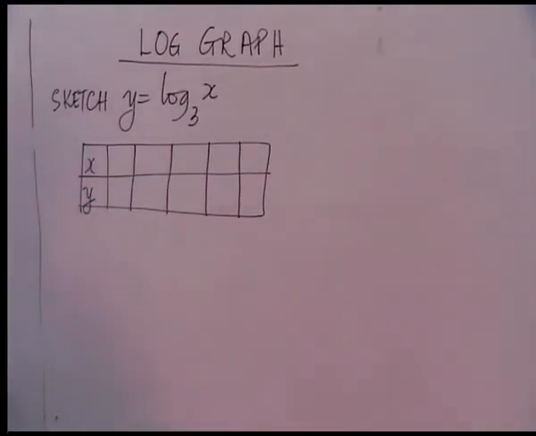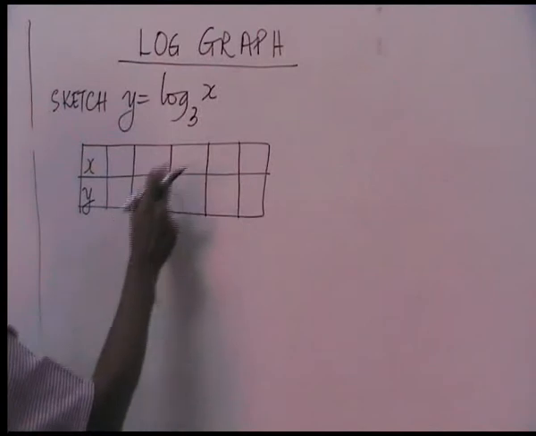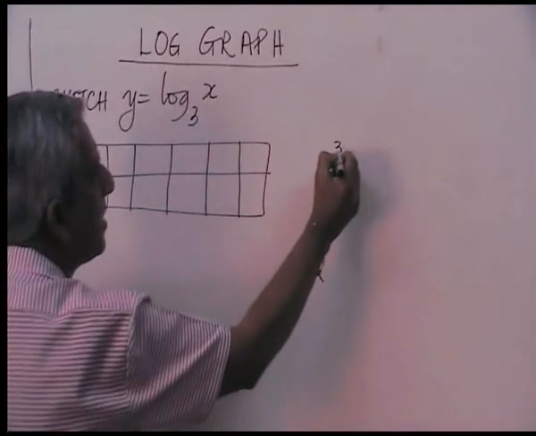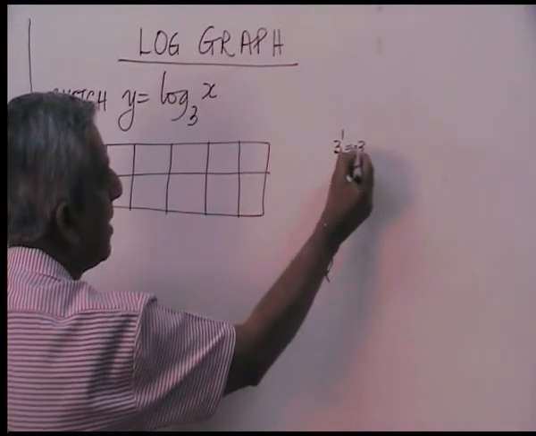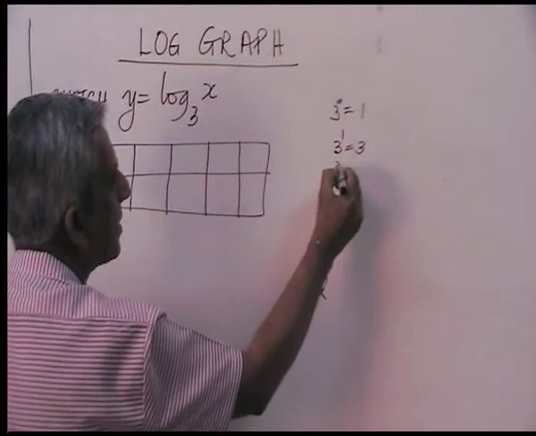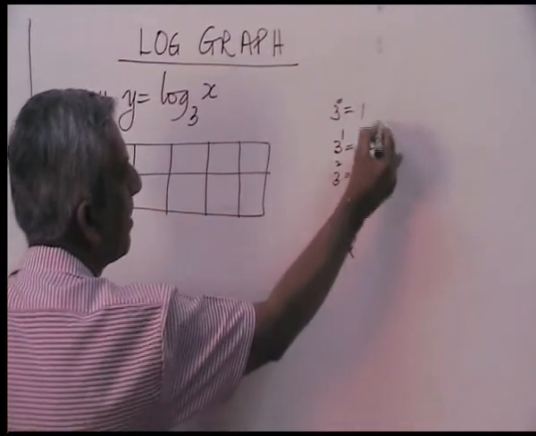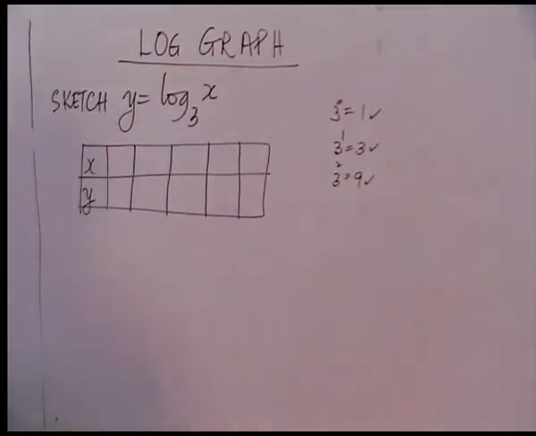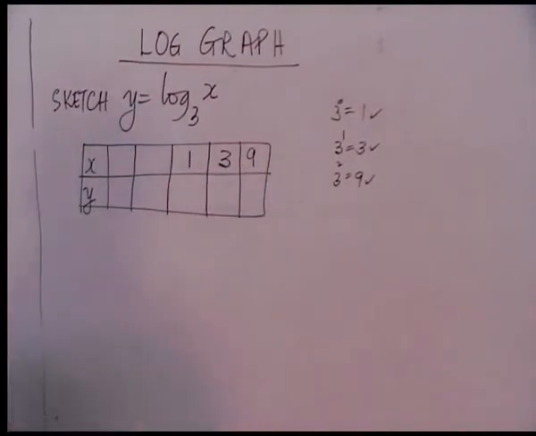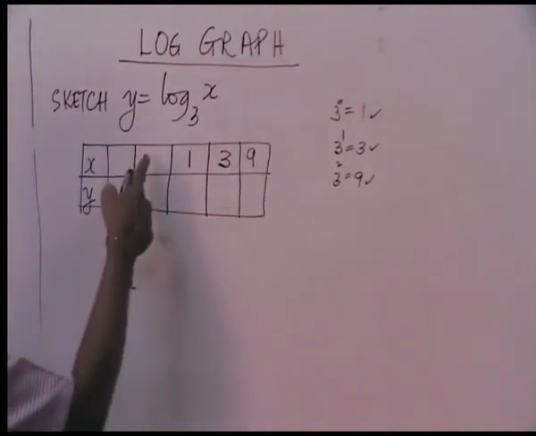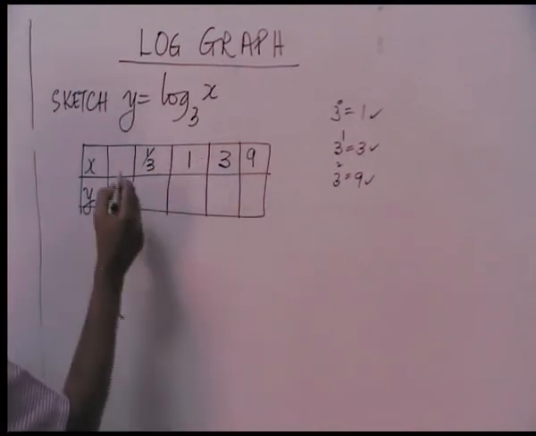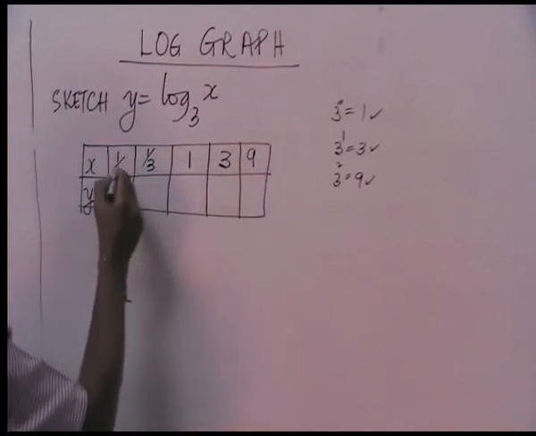Now, for you to draw this graph, you have to choose the powers of 3, you see. Powers of 3 means 3 to the 1 is 3, 3 to the 0 is 1, 3 squared is 9. So you'll use these numbers, 1, 3, 9. Then on this side you will use 1/3, 1 over 3 and 1 over 9.